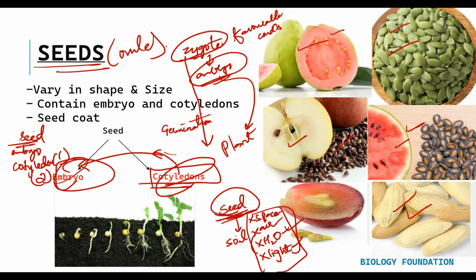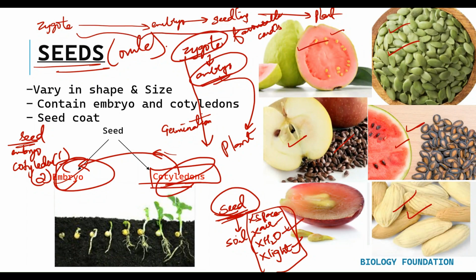As soon as there is fusion of male and female gamete, the structure that is formed is zygote. This zygote undergoes continuous divisions to form the embryo, and later the embryo develops to form a seedling or sapling and forms the plant. Now for this process to occur, there should be favorable conditions.